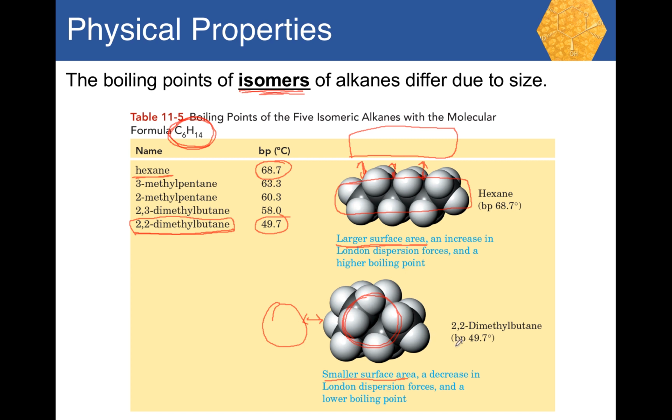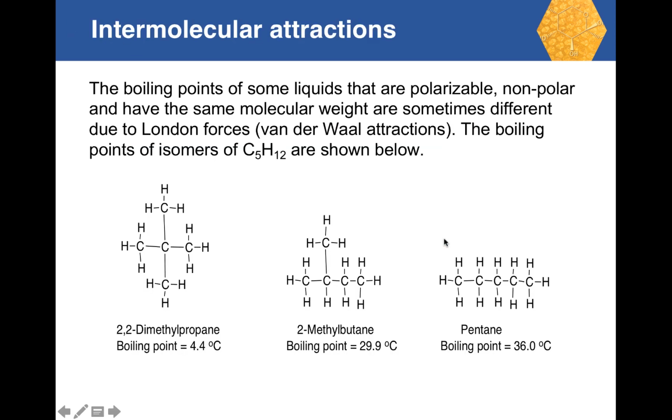So therefore the boiling point is lower than that of hexane, which has a larger surface area. Conclusion: isomers that have larger surface areas tend to have higher boiling points compared to isomers that have smaller surface areas. I think I have another example here.